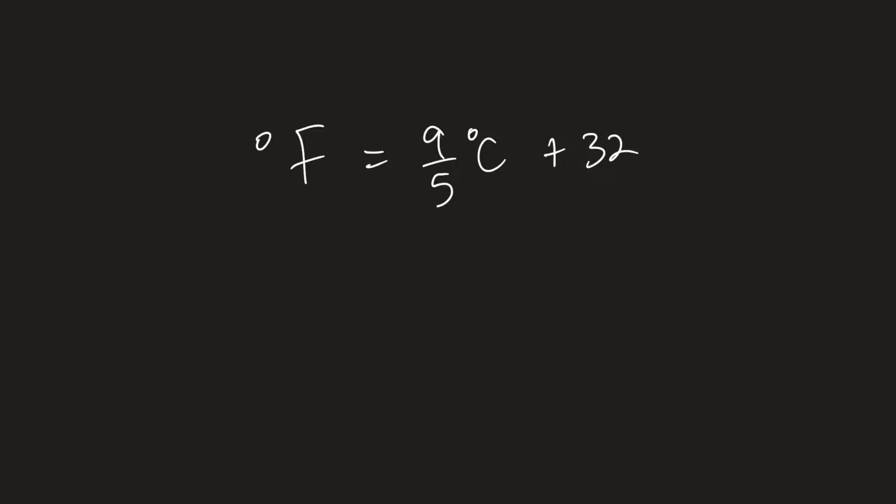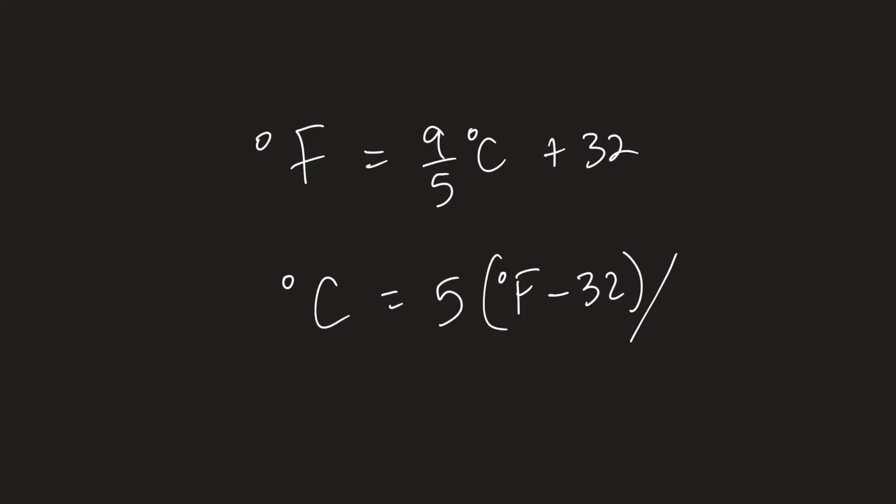If you're going the other way around, to figure out degrees Celsius, it is 5 times the difference of the degrees Fahrenheit minus 32, divided by 9. Those are the equations to convert from one to another.